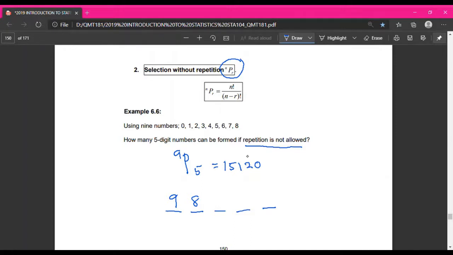Okay. So the next one dah guna 2 number. Ada lagi 7. Ada lagi 6. Ada lagi 5. So bila you multiply this, you akan dapat jawapannya sama. Okay. 15120.